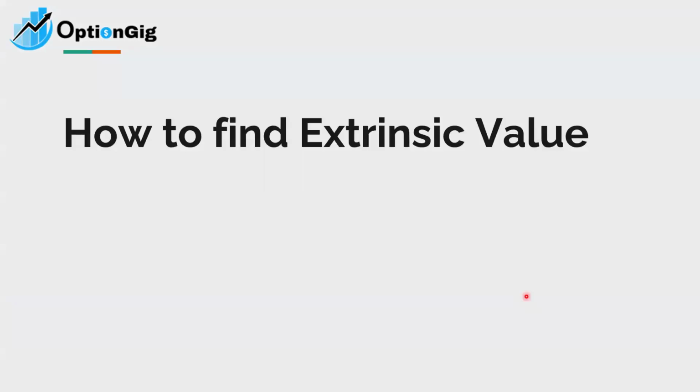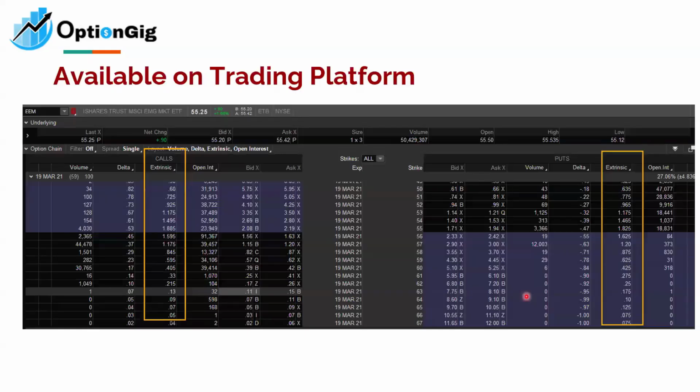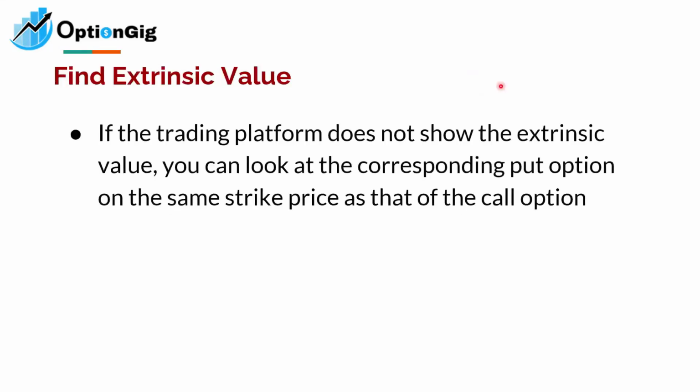Now, how to find extrinsic value? Already shown: in Think or Swim, it shows extrinsic value right on your option chain itself. If it doesn't show the extrinsic value, say you sold a call option and it doesn't show it, you should look at the corresponding put option and see what the put option price currently is.